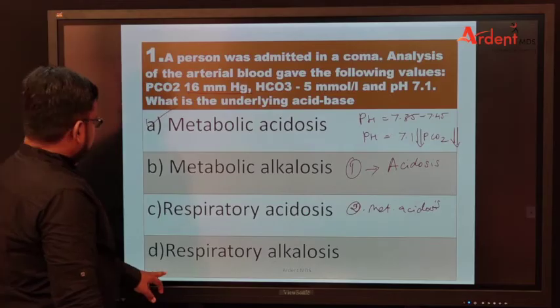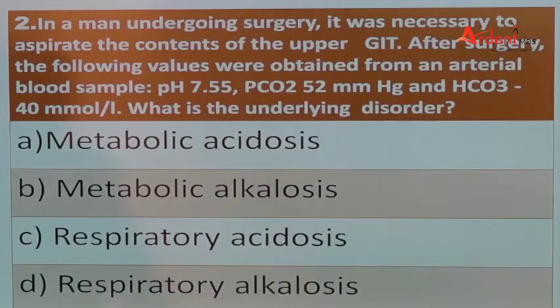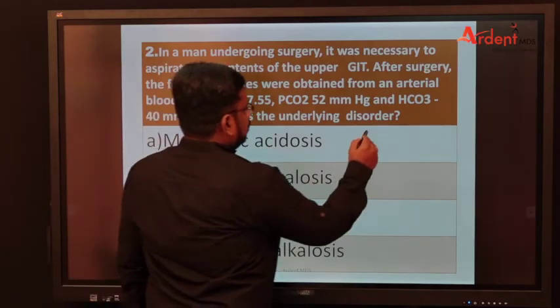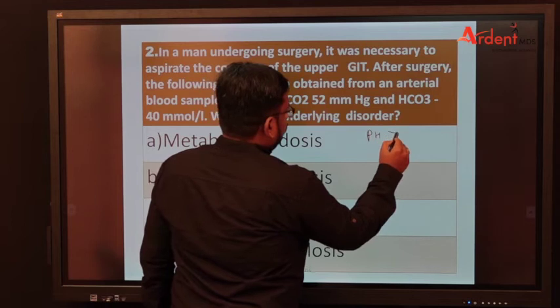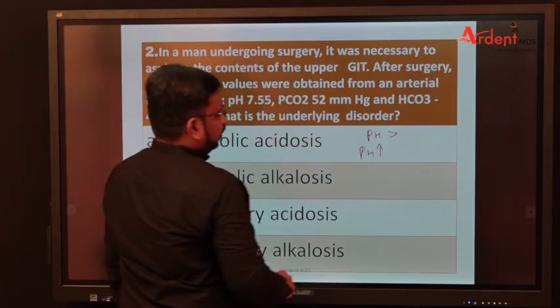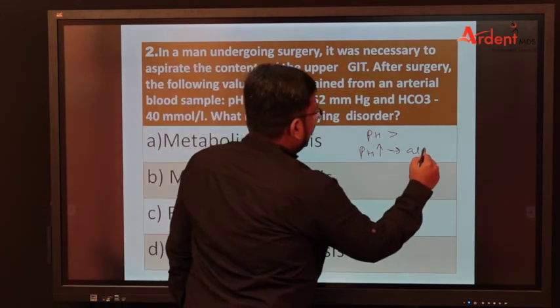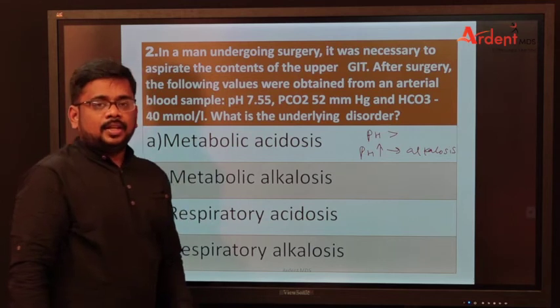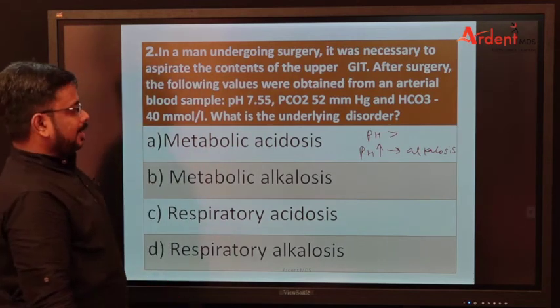Right. Coming to the second question. Again, we go through the pH of the question. So pH is 7.55. So pH is more than normal, meaning higher than normal. So we can tell the patient is having alkalosis. Now we have to tell whether it is metabolic or respiratory alkalosis.